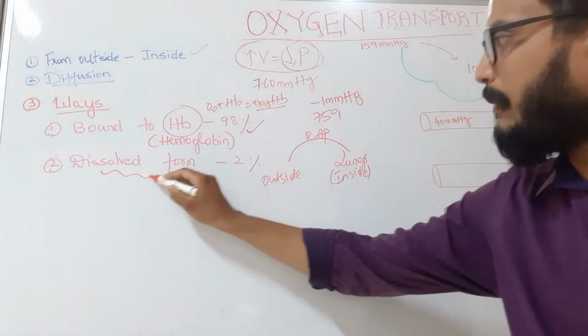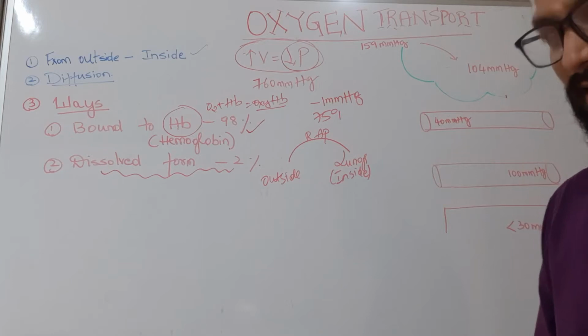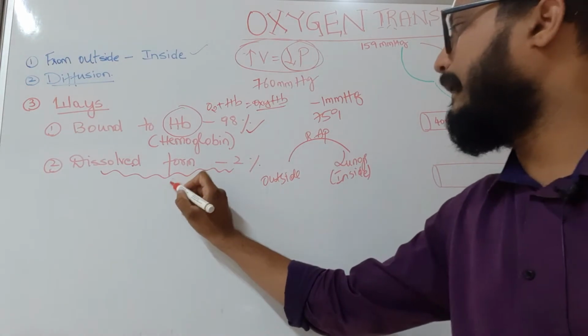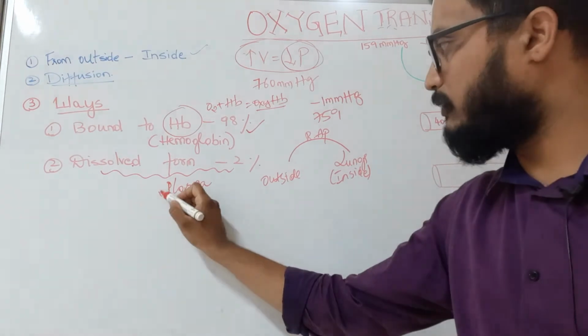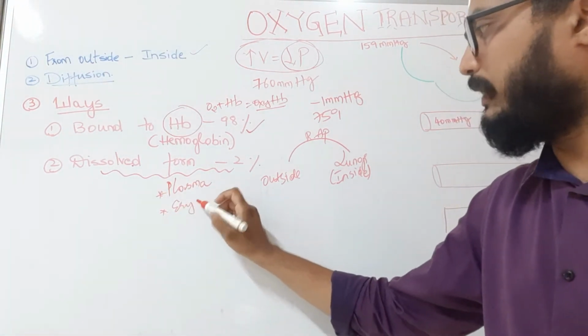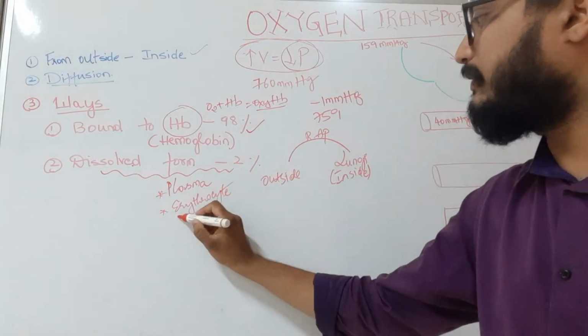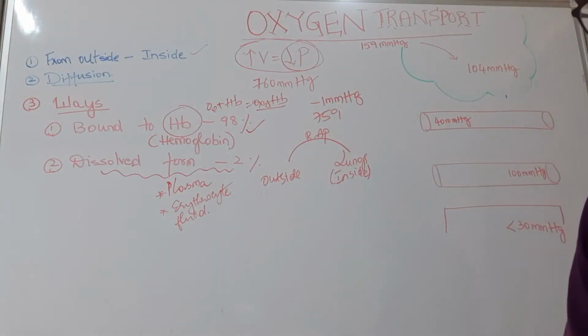Whereas about 1.5 to 2% of the oxygen is transported in the dissolved form. It is dissolved in the plasma, that is the watery portion of the blood, or it is also dissolved in the erythrocyte fluid, the water that is present inside the RBC. However, the major way of transport of oxygen inside the body is binding with the hemoglobin molecule.